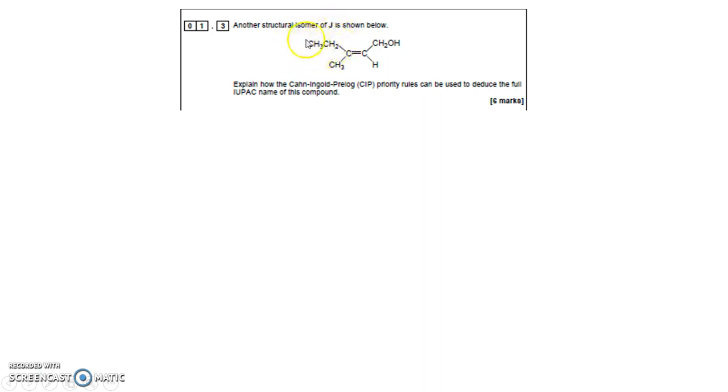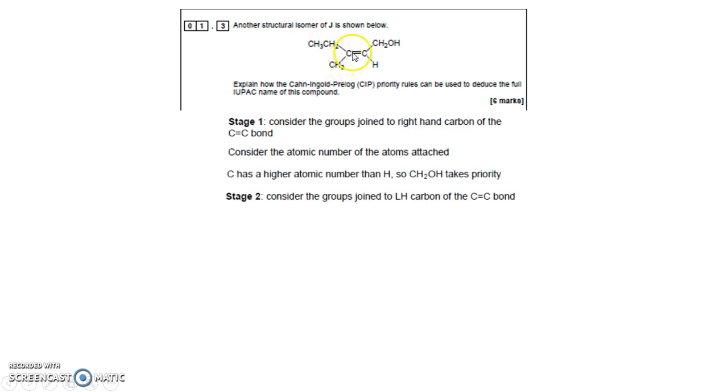So we put a ring around this one because that carbon is joined to a carbon, this carbon is just joined to an H. This group here is called an ethyl group, 2 carbons in a branch, and this is a methyl group, 1 carbon, CH3. We put a ring around this ethyl group, we say this takes priority. So the ethyl group takes priority over the methyl group.